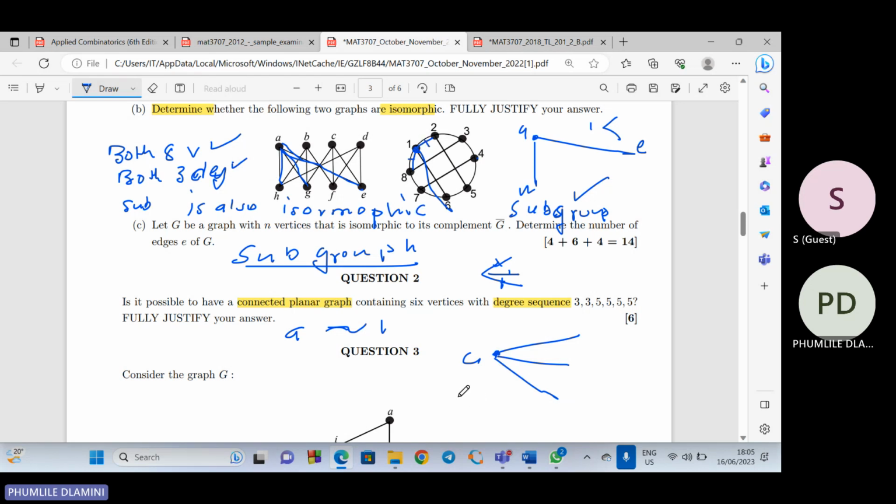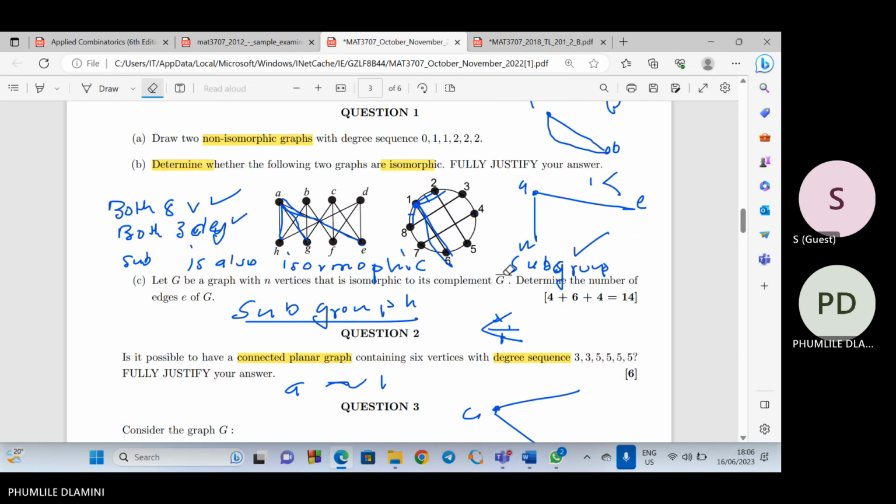I can draw number 1 here, this one is a loop, and there is also a line going down to 6, but it's not joining the same way as this one. So we can see that these two are the same. That's why we conclude that these two graphs are isomorphic, because the one in the middle you don't have to take into account. So it's isomorphic.